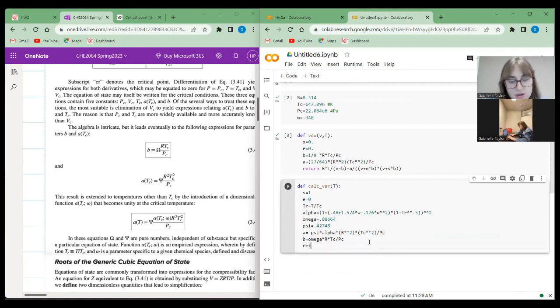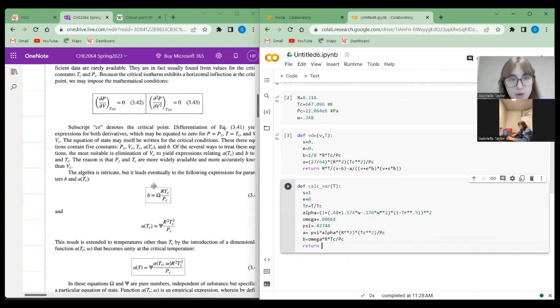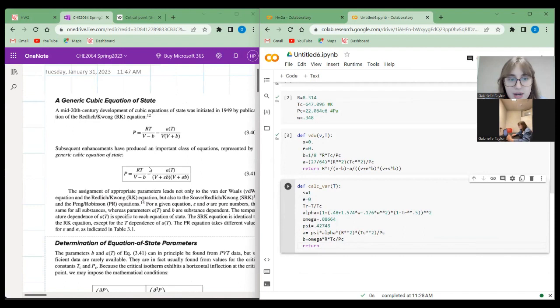Now let's return. What we want to return is the variables we're going to need for our cubic equation of state. We're going to need A, B, sigma, and epsilon.